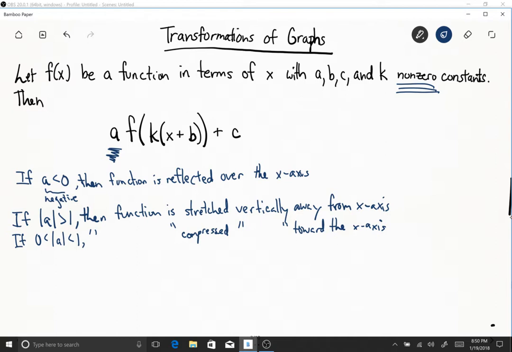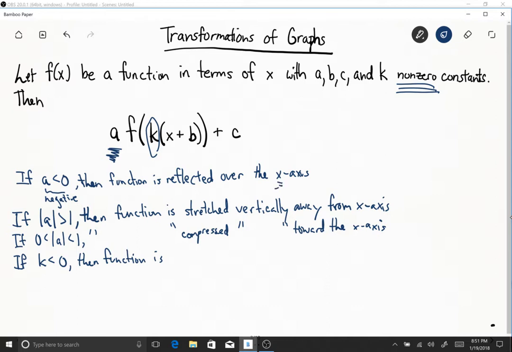The next bit that trips people up is, let's look at this K right here. And then the B and the C are a little bit easier. So first off, if K is less than 0, this is going to follow pretty much a similar suit, then the function is, well, notice before, if it was on the outside, it was reflected over the x-axis.